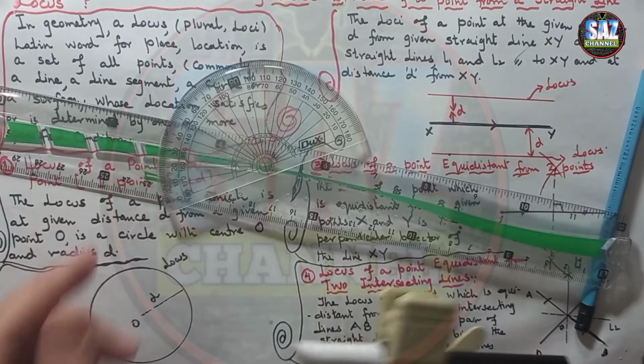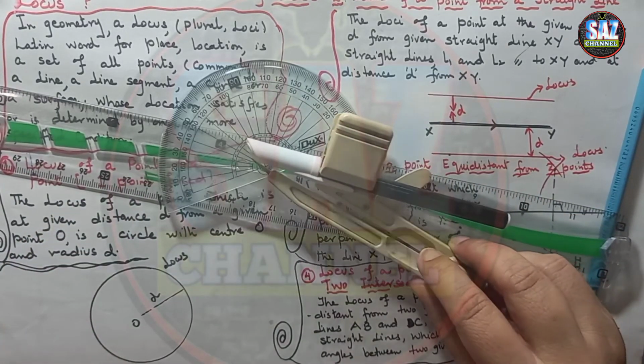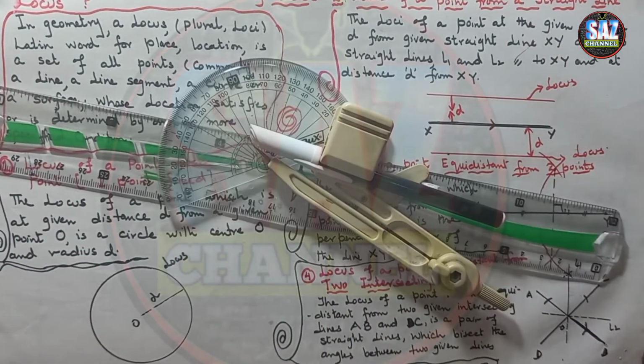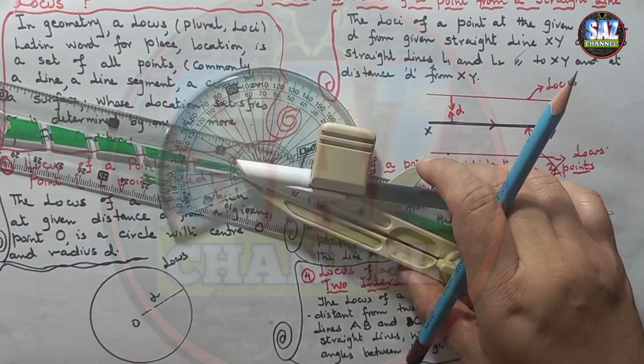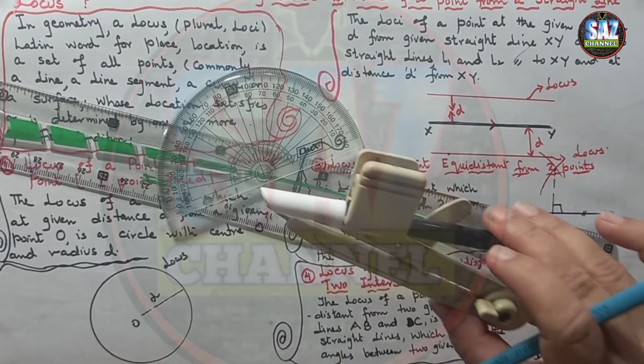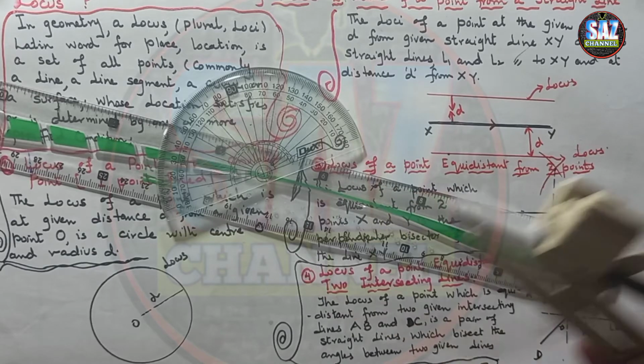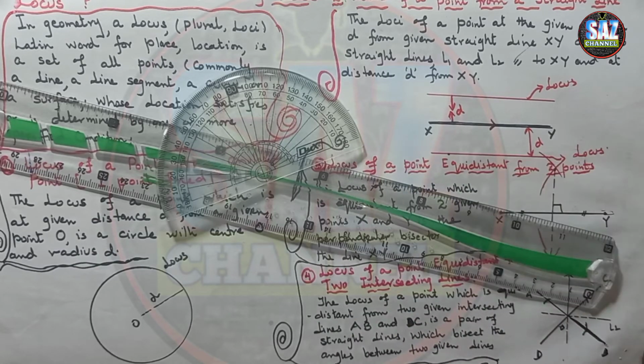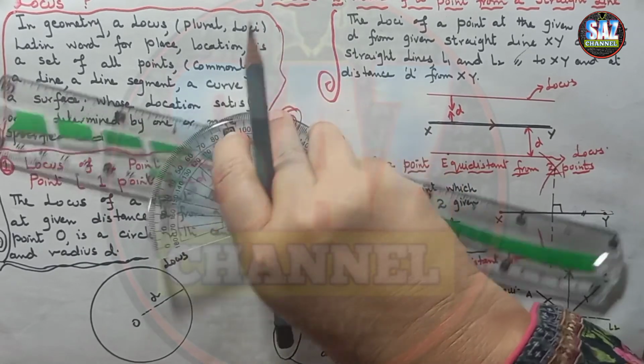The compass is used for drawing arcs, along with the pencil, eraser and sharpener. I hope my students are now familiar with all of the construction material, and let's move to the discussion of the topic.